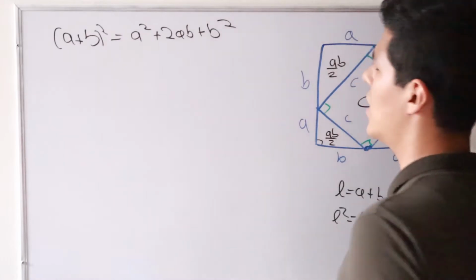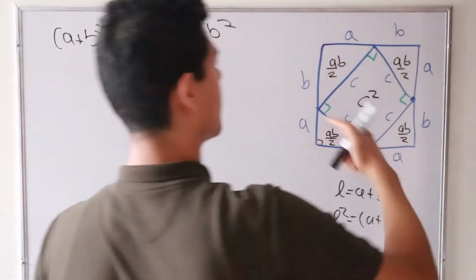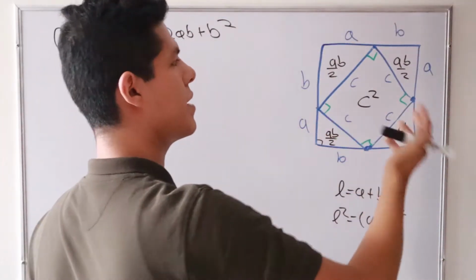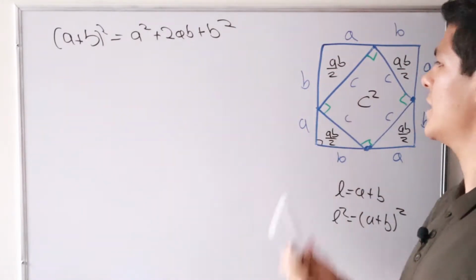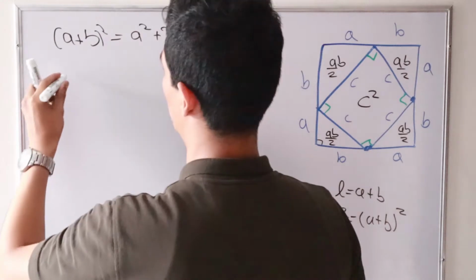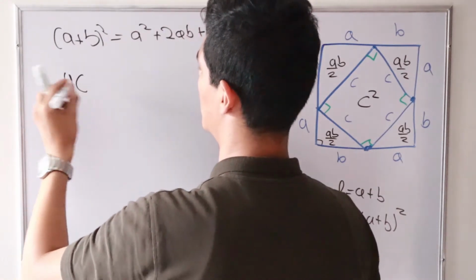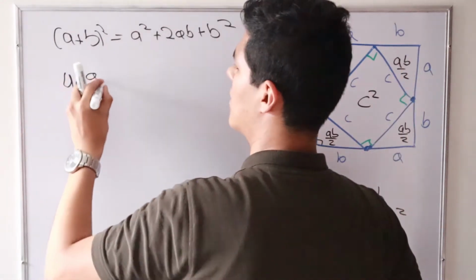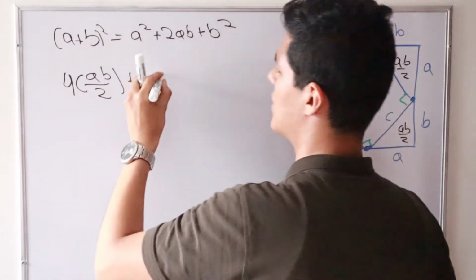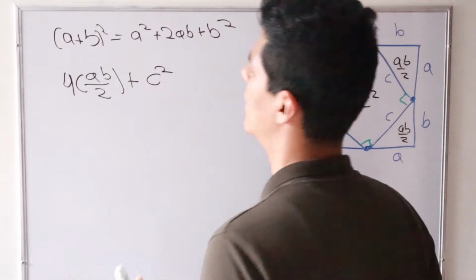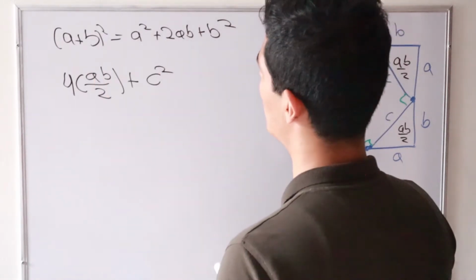So we have that the area of this square, given these triangles construction, is the sum of 4 times a times b divided by 2 plus c squared. So these are equivalent.